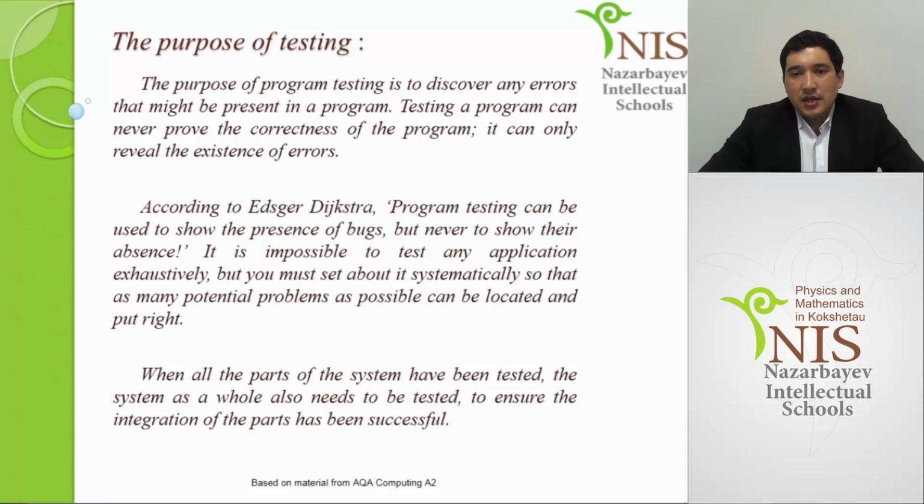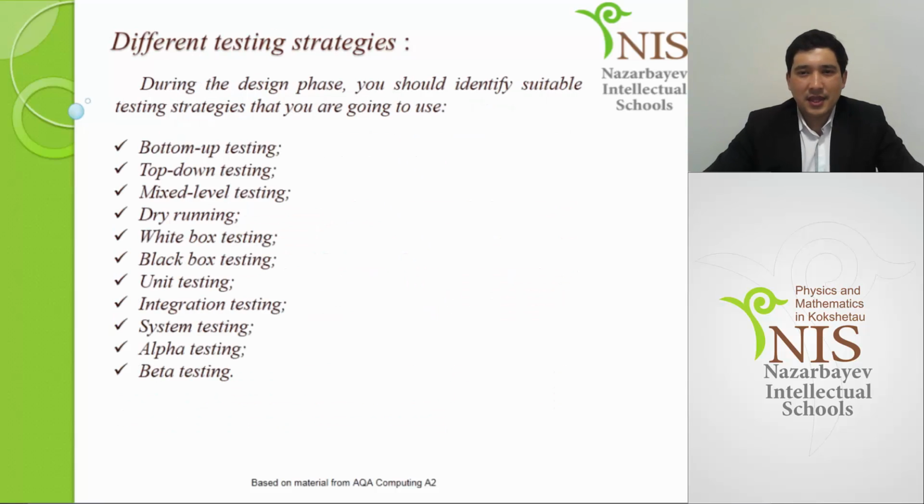After you create a program, you must test it. There are many types of testing. You must know how your program works, correctly or not. Maybe you must change some modules and functions in your program.